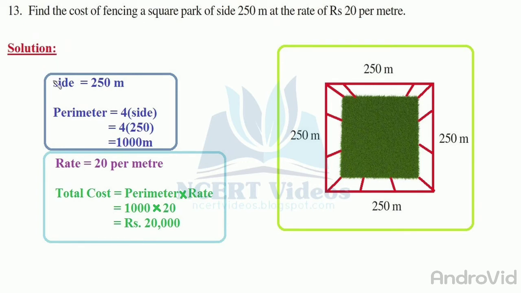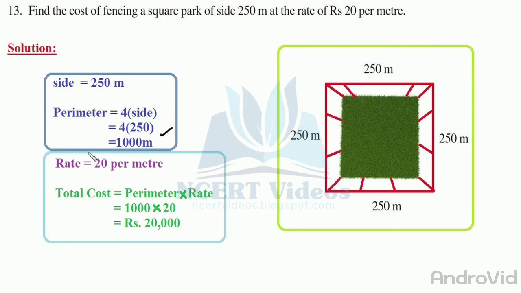Now first of all we will have to find the perimeter. So perimeter is 4 into side, 4 into 250, that is when you multiply 250 four times you get 1000 meter or 1 kilometer. Now the rate is given per meter, so 20 rupees per meter.